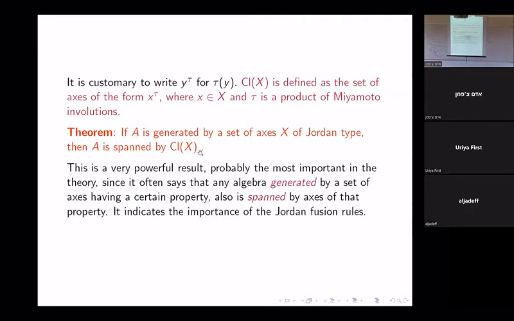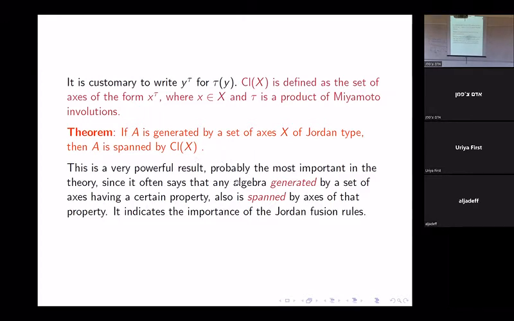And as I said, in the more general case you have the same sort of thing, but you have 3 Miyamoto involutions because the group is Z2 plus that group.